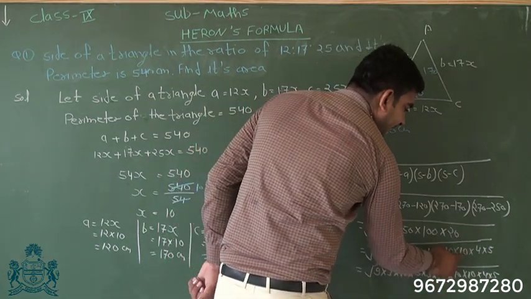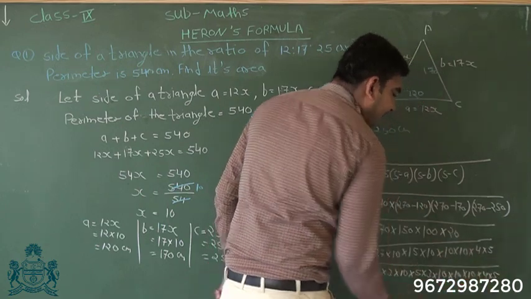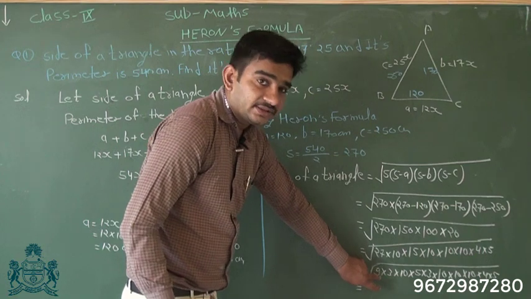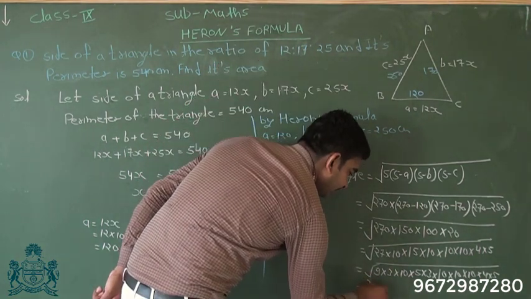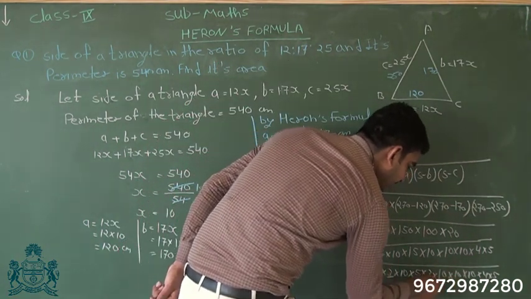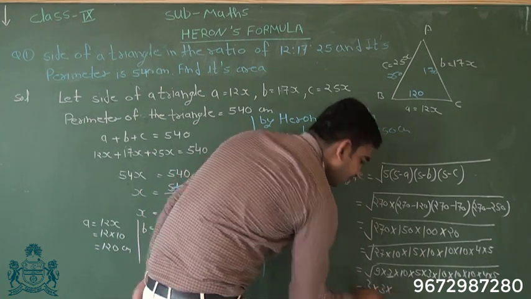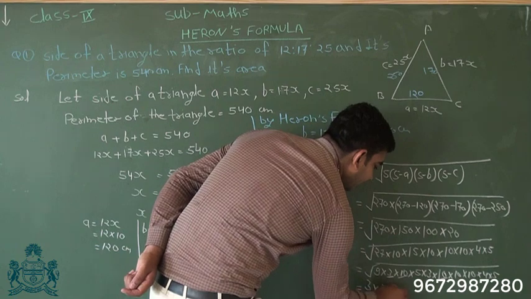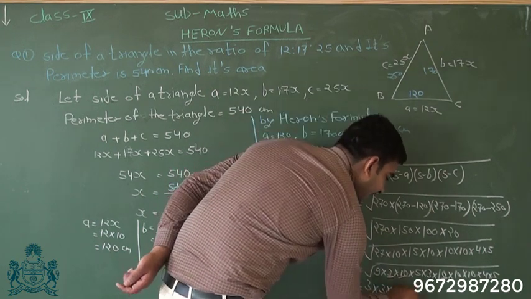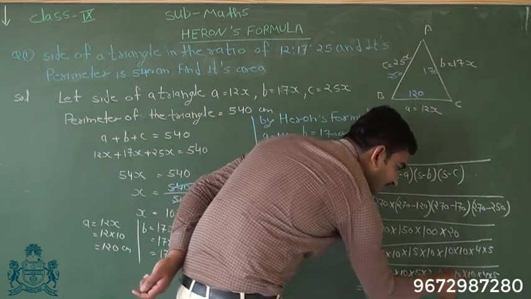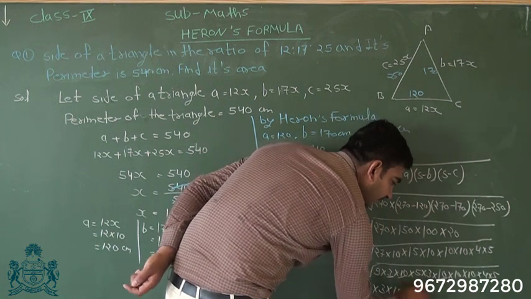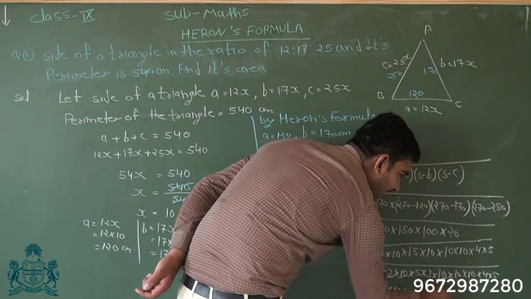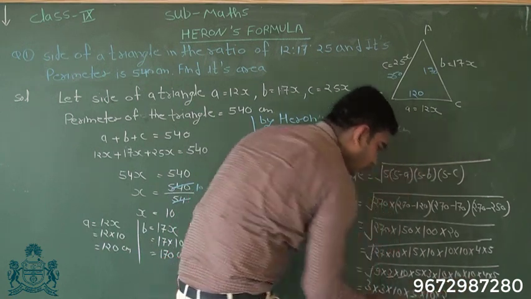The 10, 10, 10 stay as they are, and 4 and 5 stay as they are. The square root of 9 is 3, and 3 stays, the square root of 10 times 10 is 10, the square root of 5 times 5 is 5, another 10 times 10 gives 10, and the square root of 4 is 2.